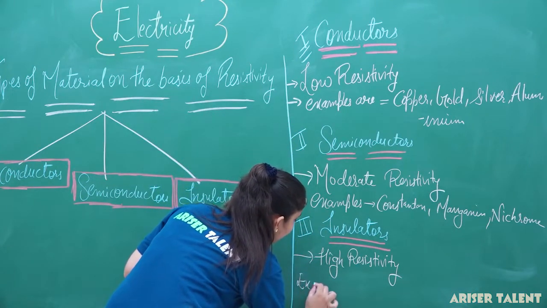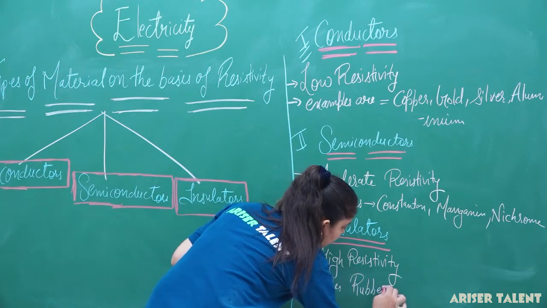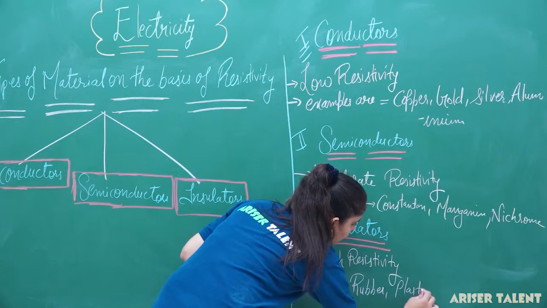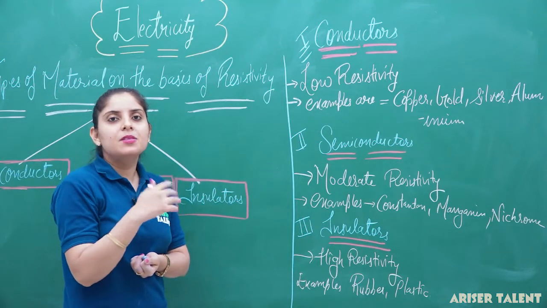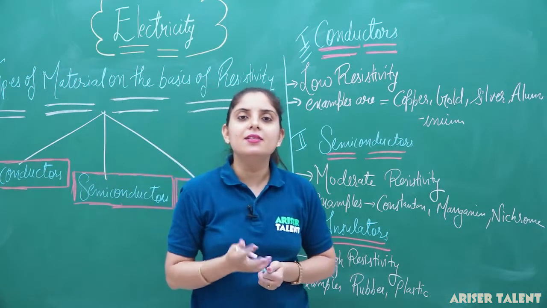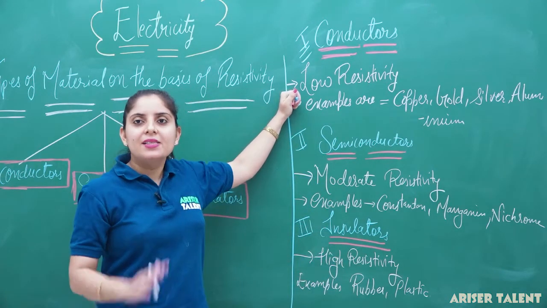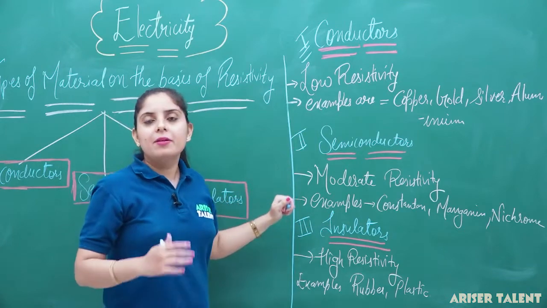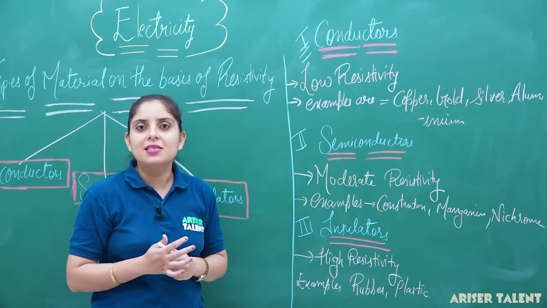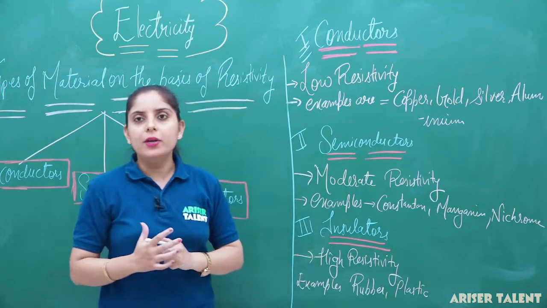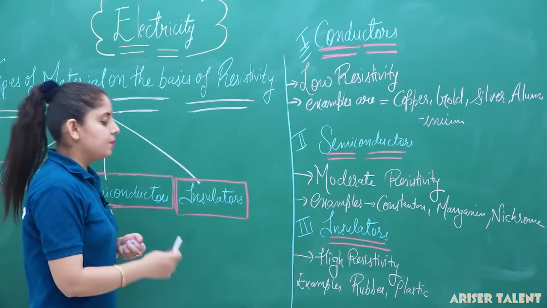The examples are rubber and plastic. So, conductivity and resistivity are just two opposite terms. Materials which are very good conductors have very low resistivity. Low resistivity materials are conductors, those having moderate resistivity are known as semiconductors, and materials having very high resistivity are termed insulators. So, this is the classification of materials based upon resistivity.